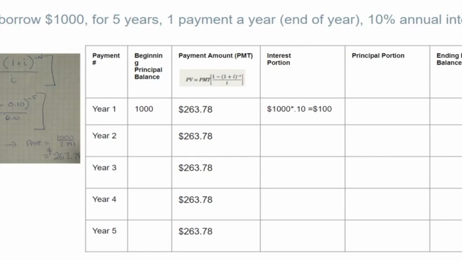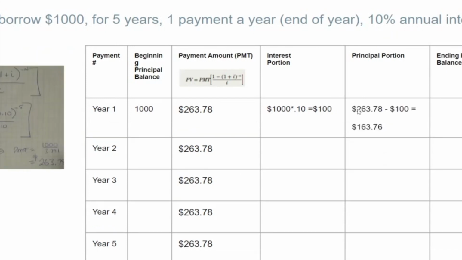Okay? So then we say, okay, can we figure out the principal portion? Well, the principal portion is simply the $263.78 payment less how much interest we paid, which means that we paid $163.76 on the principal.